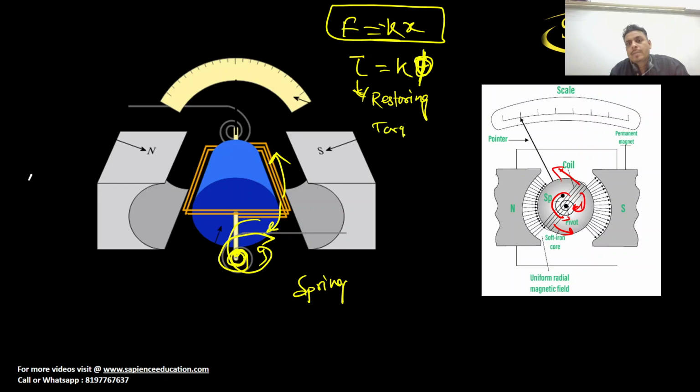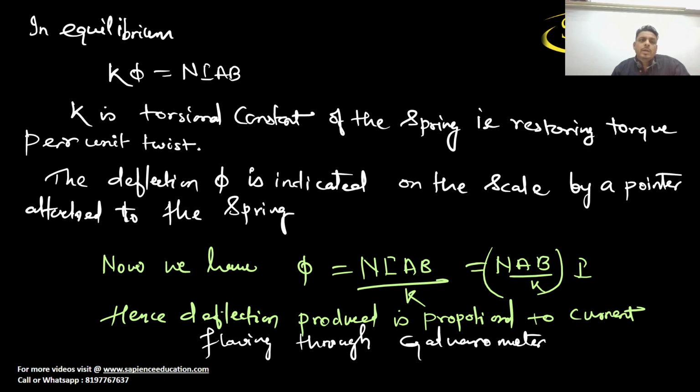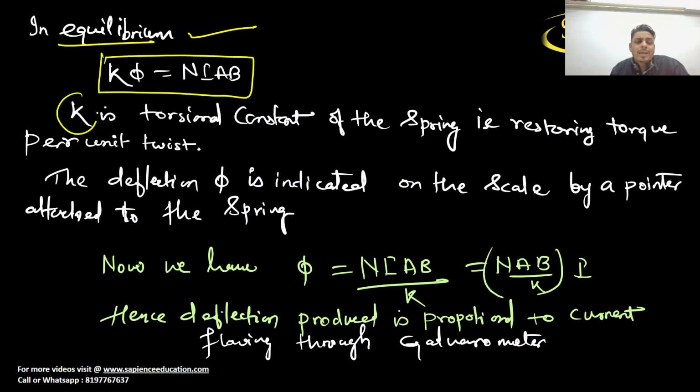The torque being produced in the coil is equal to NIAB. So this torque will be restored by the restoring torque, so we can directly say that both are equal. If the coil is in equilibrium, K phi will be equal to NIAB, where K is the torsional constant.